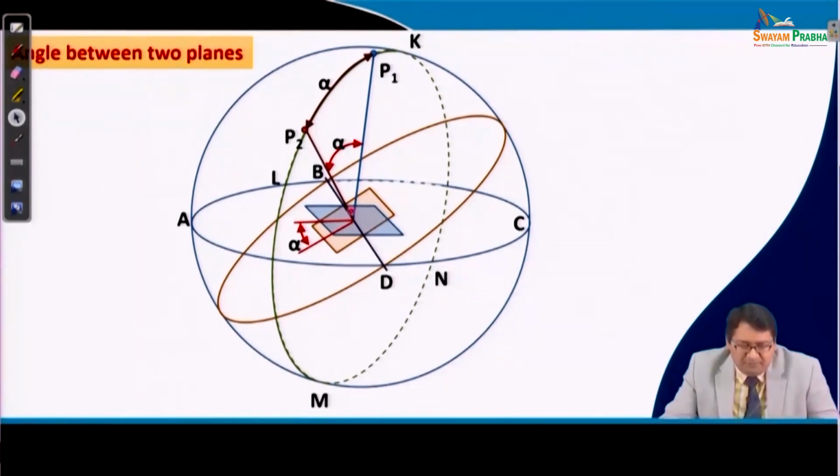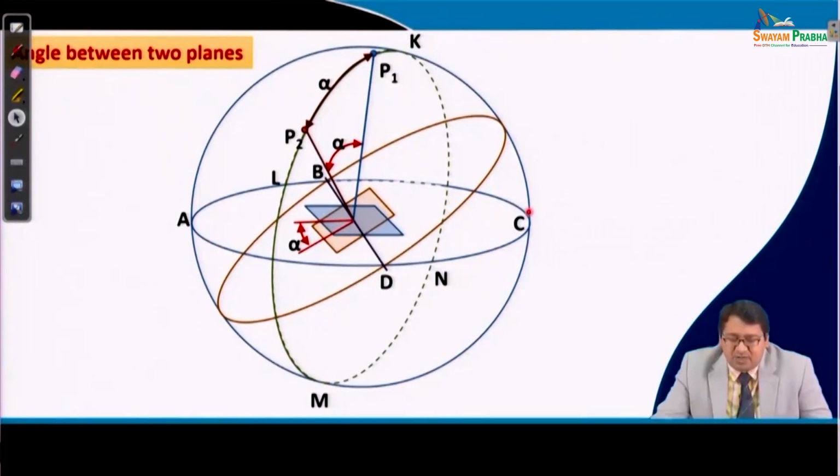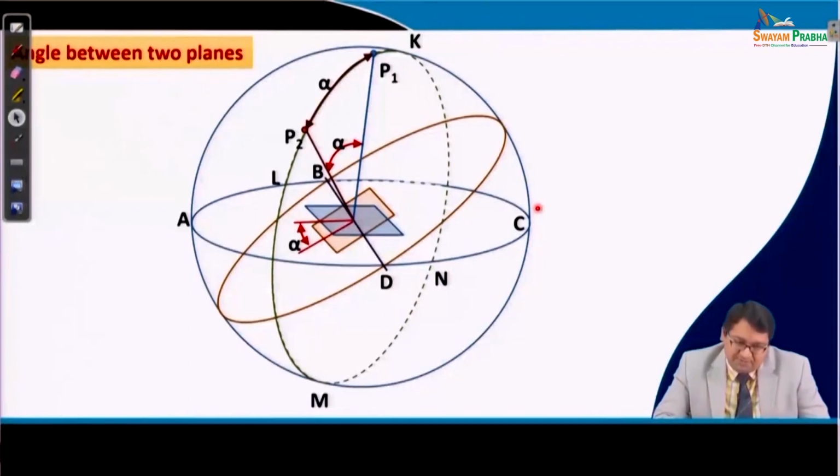Now, if we project the brown color plane, it will project out to the circumference of the 3D stereogram like this and it will form a great circle. On the other hand, if we take this blue colored plane, it will protrude outside to the circumference and become another great circle, and this will happen only if both the planes are passing through the origin.